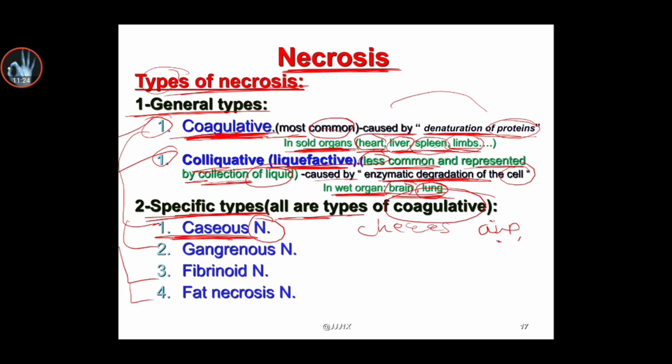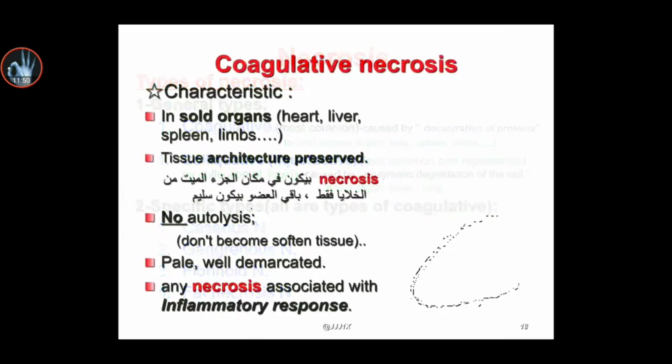We will see the shape of this necrosis soon. So we have caseous necrosis and gangrenous necrosis, which we already talked about, and we have fibrinoid necrosis and fat necrosis. So as a short note, write down the 4 types of coagulative necrosis: caseous necrosis, gangrenous necrosis, fibrinoid necrosis, and fat necrosis.